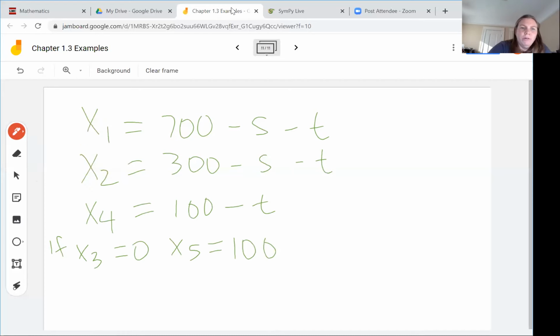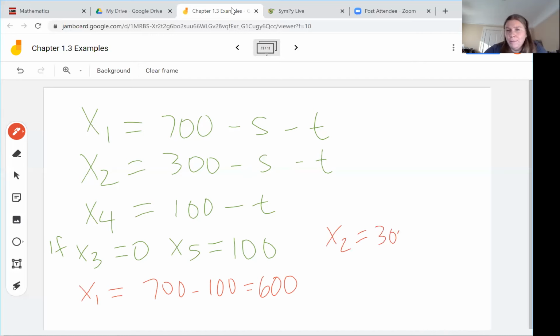So then x1 is going to be 700 minus 100 equals 600. x2 would be 300 minus 100, or 200. And x4 would be 100 minus 100, because x5 is our t. And so x4 would be 0.